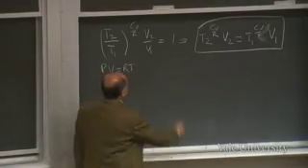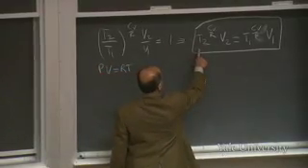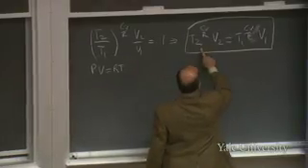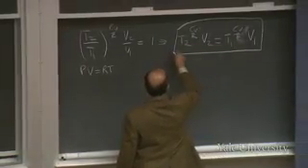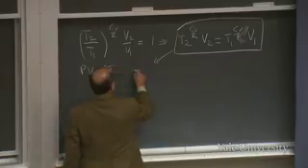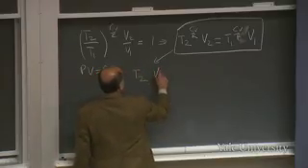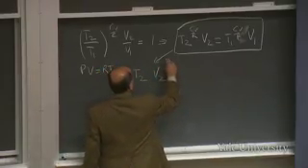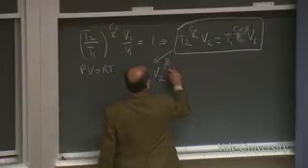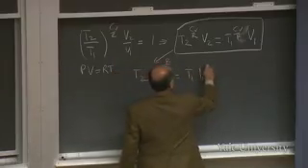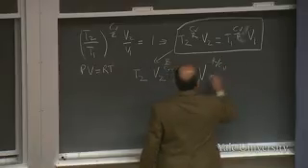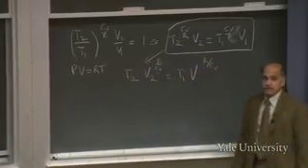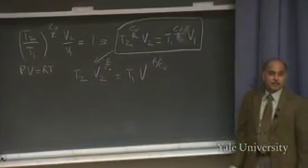Therefore, you can write this T as, okay, there are many ways to write this. I'm going to write it in another way, and you see if you can follow this. T2 V2 to the power R over CV is equal to T1 V1 to the power R over CV. You believe that? That's just a mathematical trick.